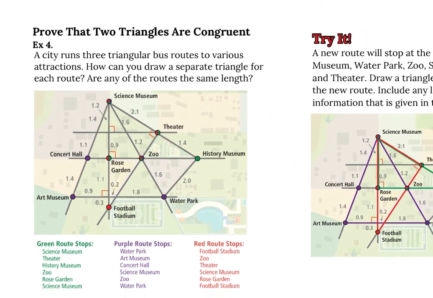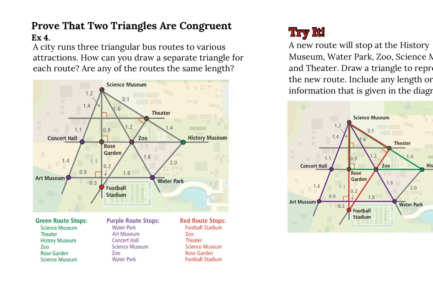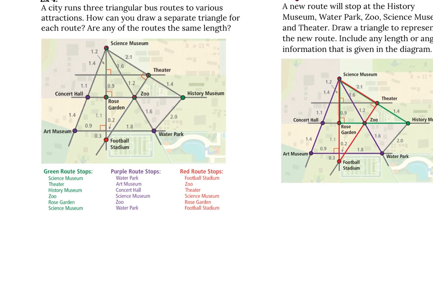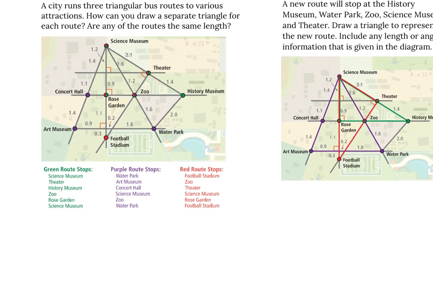Example 4. A city runs 3 triangular bus routes to various attractions. How can you draw a separate triangle for each route? Are any of the routes the same length? So first we're going to look at the green route.